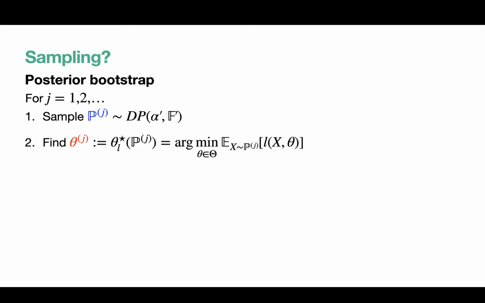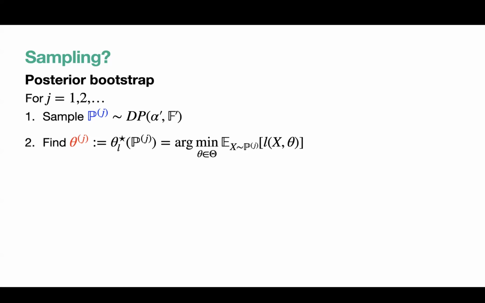This is the notion of randomized objective functions that was used in the first MPL paper, which is very much like the Bayesian bootstrap, where instead of reweighting the data, you're reweighting this objective function. This becomes a randomized objective function because it's indexed by pj, which is now just a random variable where I have posterior beliefs.